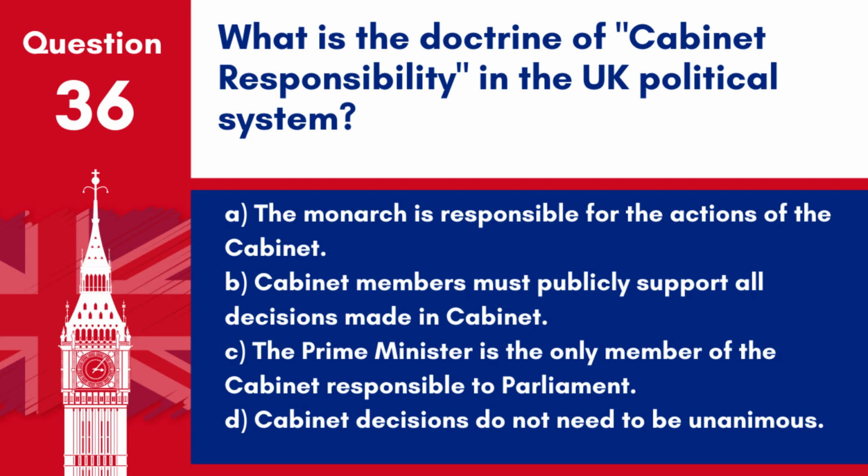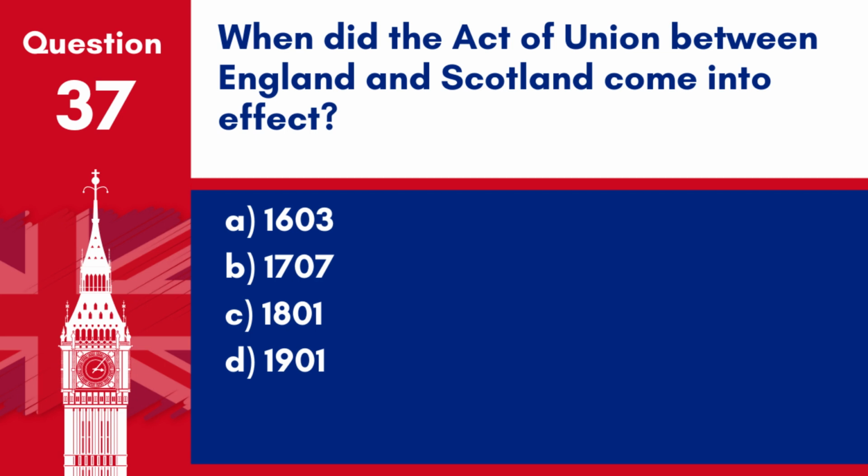Answer B. Cabinet members must publicly support all decisions made in Cabinet. The doctrine of cabinet responsibility in the UK political system means that Cabinet members must publicly support all decisions made in Cabinet. Question 37. When did the Act of Union between England and Scotland come into effect? A. 1603. B. 1707.